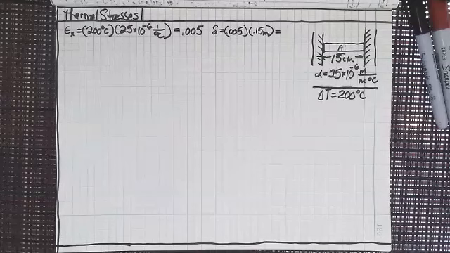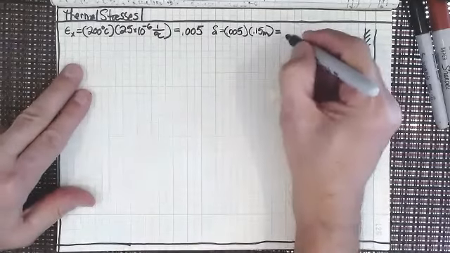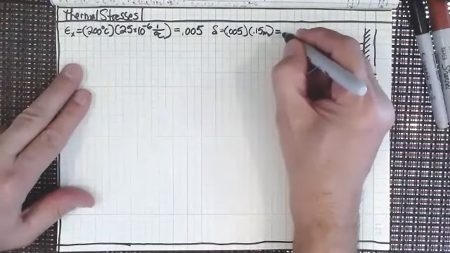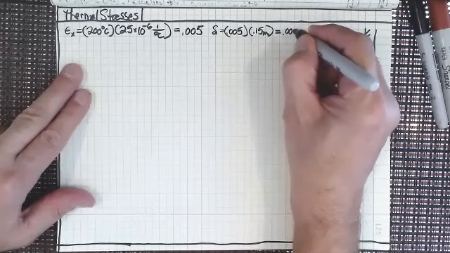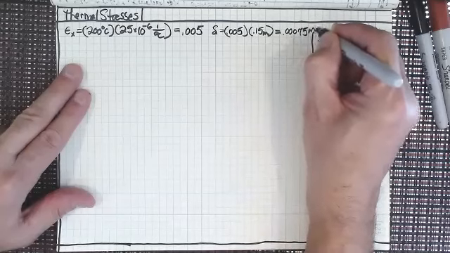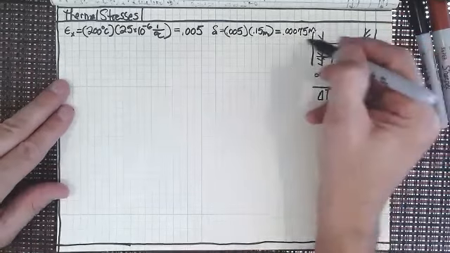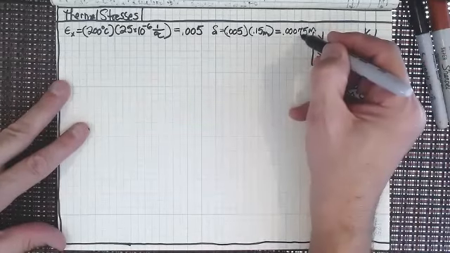So 0.005 times 0.15 gives me 0.00075 meters. I'm going to write it like that. And the reason I wanted to write it like that was, what is that? Is that 7 millimeters? Is that 7/10,000?